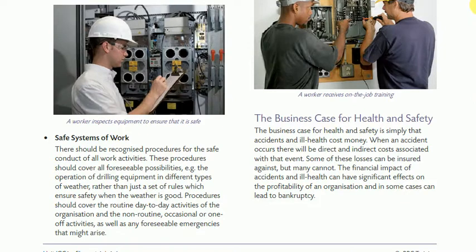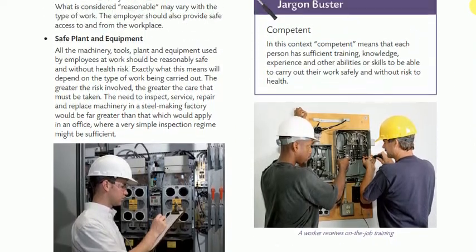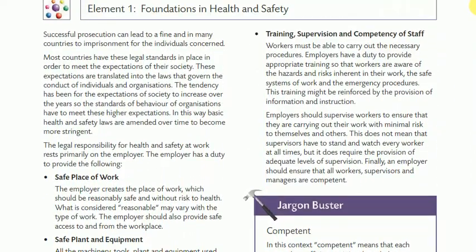And then training, supervision, and competency of staff. The workers should be trained, supervised, and instructed to ensure their competence. When you employ a worker, it is the duty of the employer to train him to ensure that he is good enough for that job. If there is any change to the job, change of machinery or equipment, the worker should be retrained.